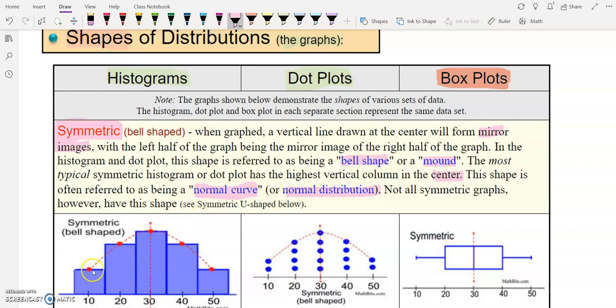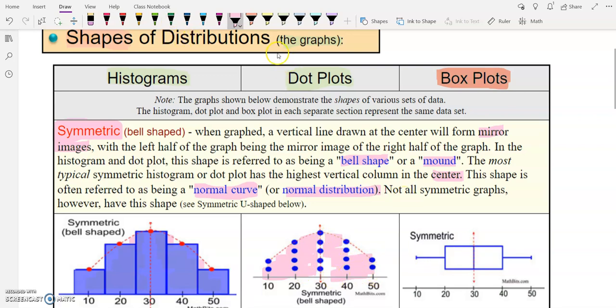So this is a symmetric bell-shaped curve. Notice how the left side over here is a mirror image of the right side over here. Same thing happens on the dot plot. Notice the left side is a mirror image of the right side.